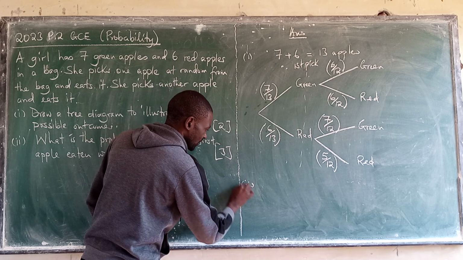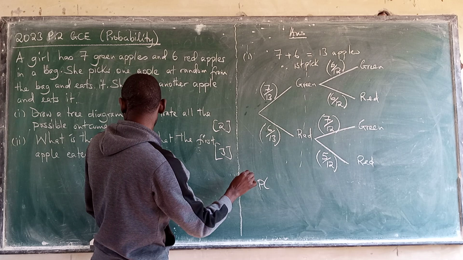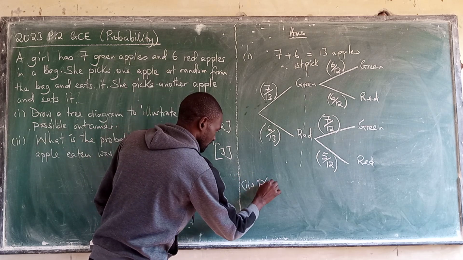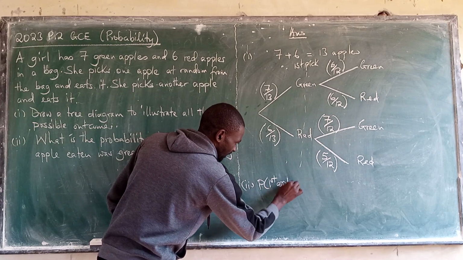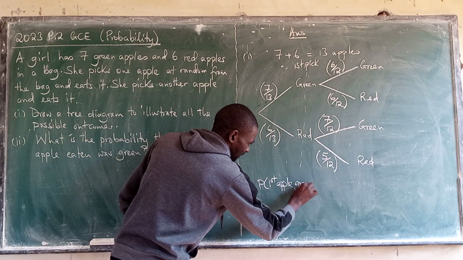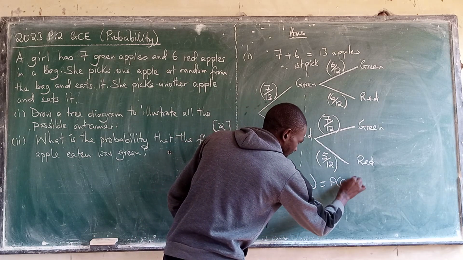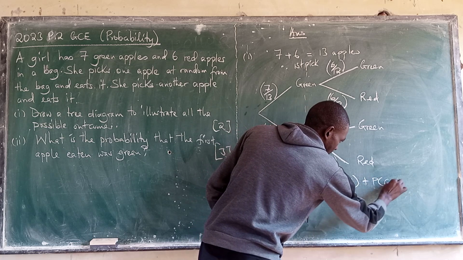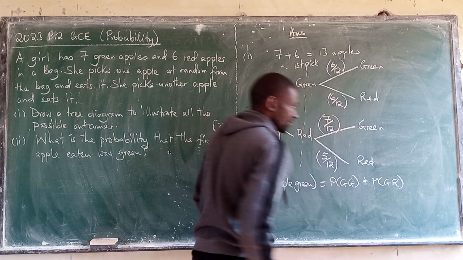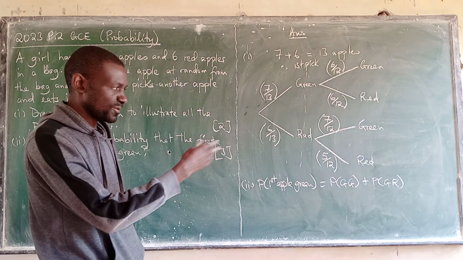So to answer the second part, probability that first apple eaten was green: first apple green will be equal to the probability that the first is green and the second is green, or the probability that the first is green and the second is red. Because of the two options, that's why we are adding.